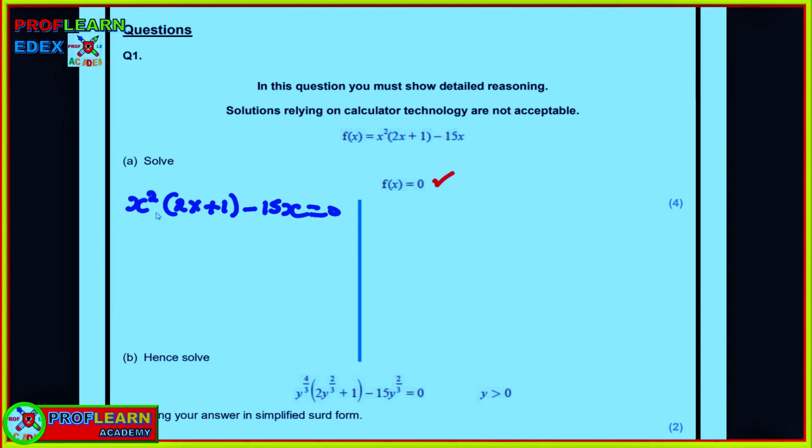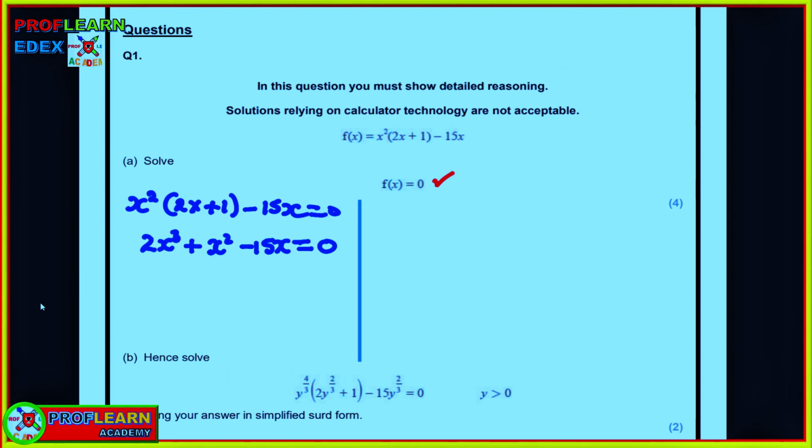Then we are going to open the bracket first, and then we shall have 2x cubed plus x squared minus 15x equals 0. If you look at whatever we have here, we are having a cubic function.